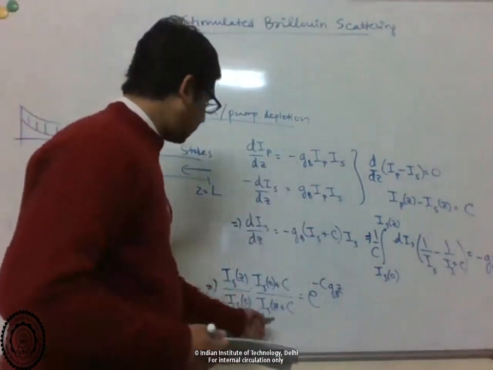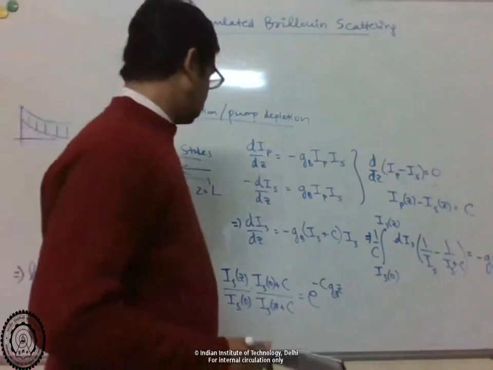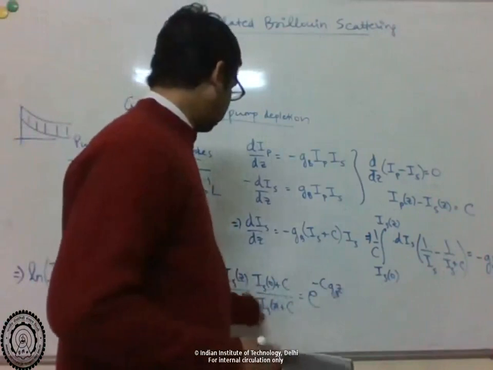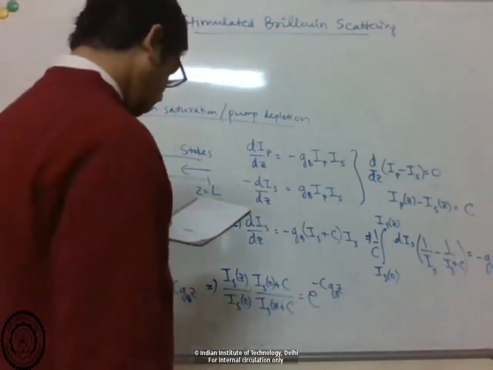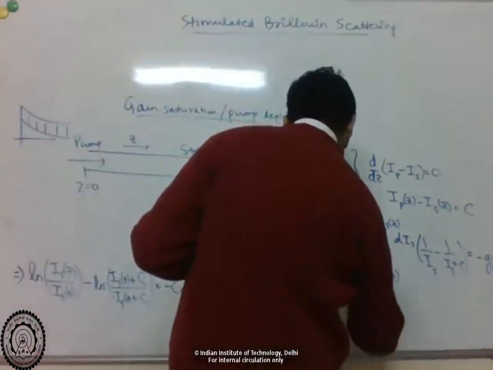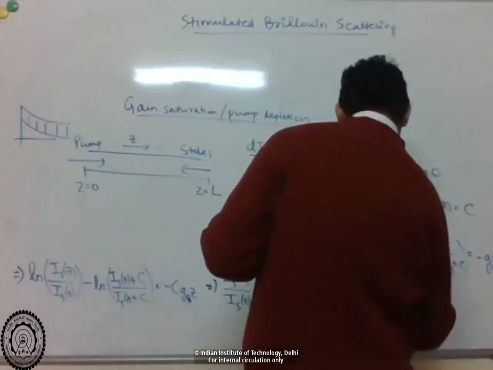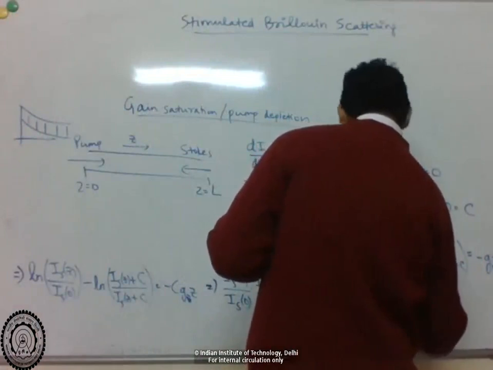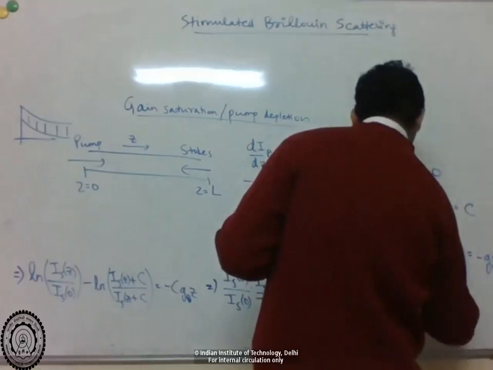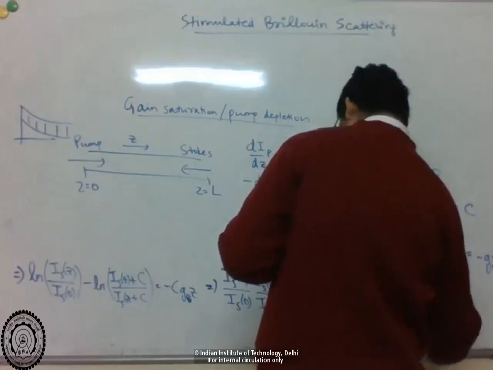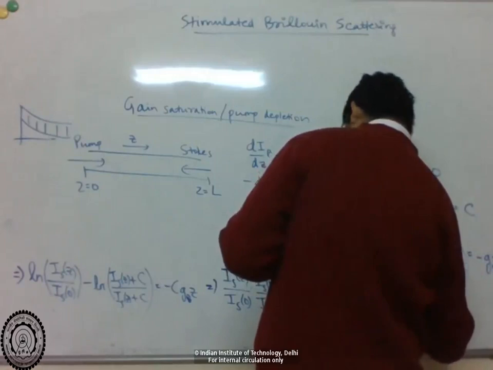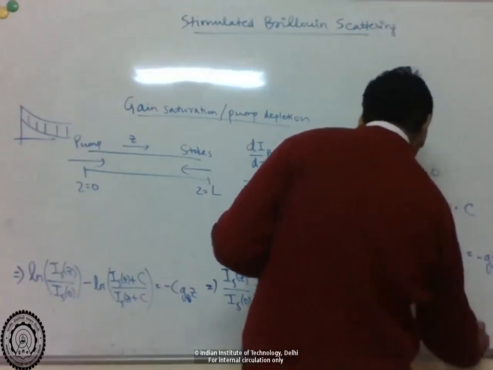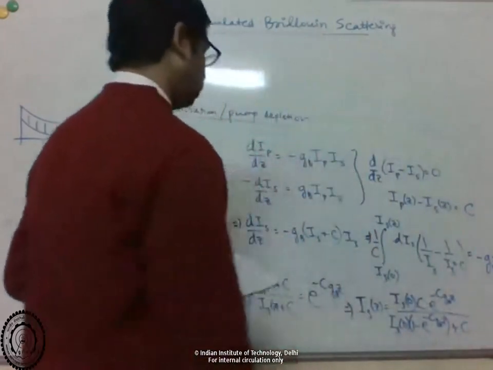And now I can solve for IS of Z. I can take this term onto this side, and then I get a linear equation basically for IS of Z. You can see that I can write IS of Z as this.